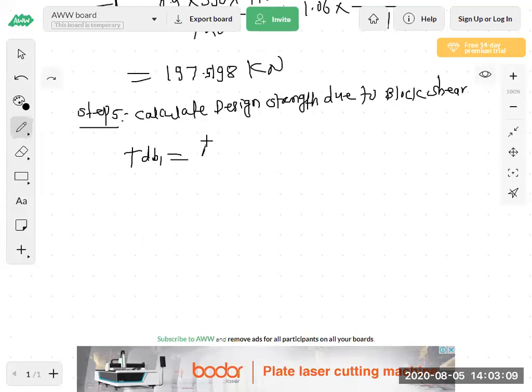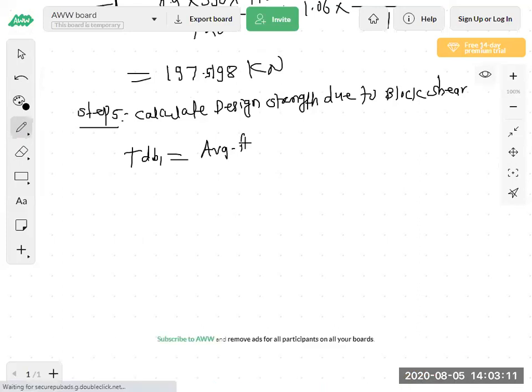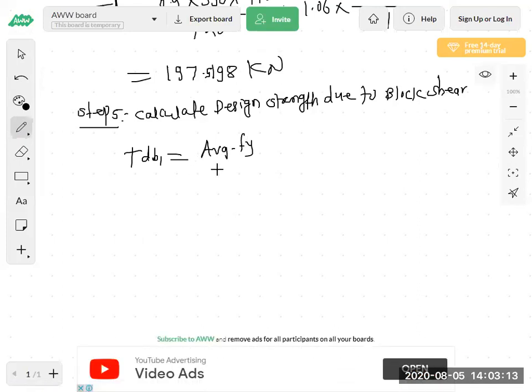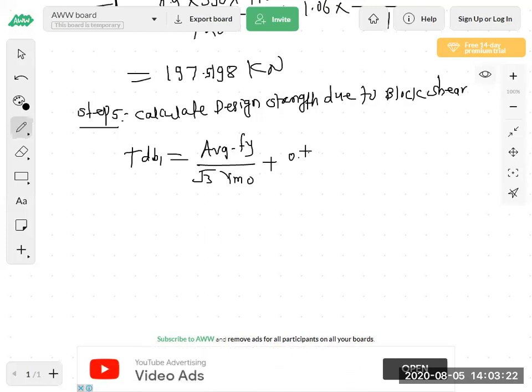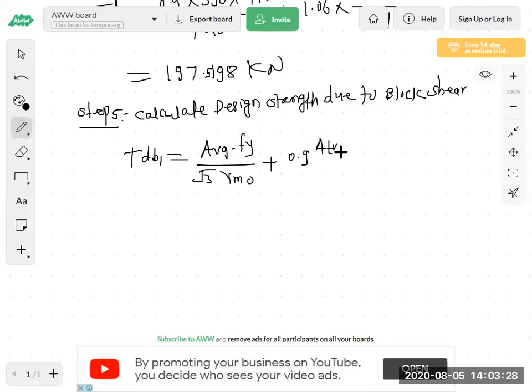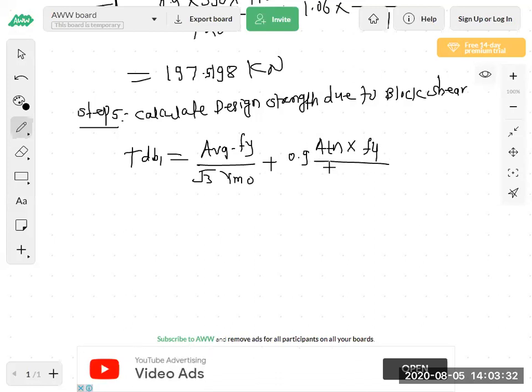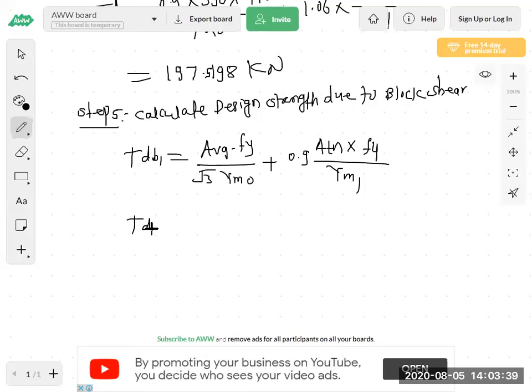AVG into FY divided by root 3 into gamma M0, plus 0.9 into ATN into FU divided by gamma M1. So this is the TDB1.